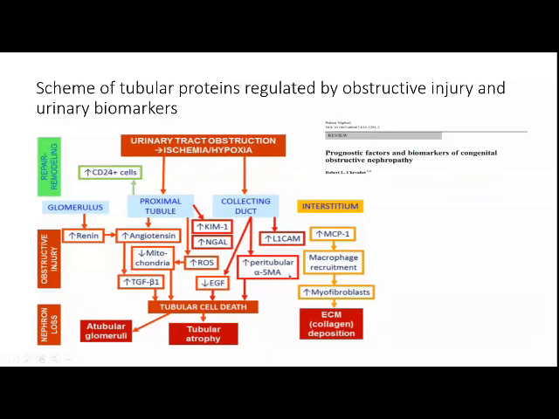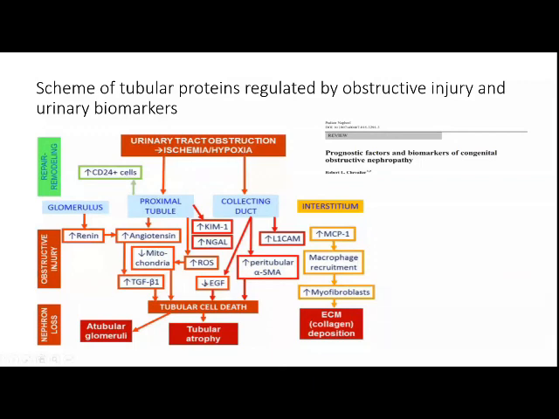When we come to the collecting duct, there is L1 leukocyte cellular adhesion molecule, which is also increased in the urinary biomarker. When the collecting duct is impaired, there is peritubular smooth muscle actin, which we can see in the urinary biomarker. We can use it as a biomarker, which is in the progressive stage now.